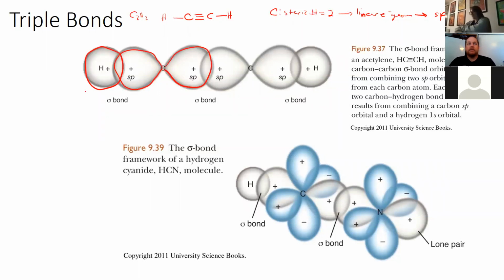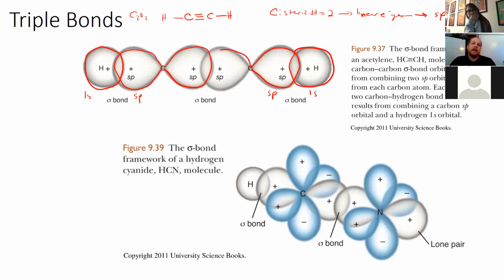That's going to come from the 1s of the hydrogen and the sp orbital from the carbon. And one of the sp orbitals from the carbon on the right will overlap with the 1s orbital from the hydrogen on the right. So that's sp to 1s.